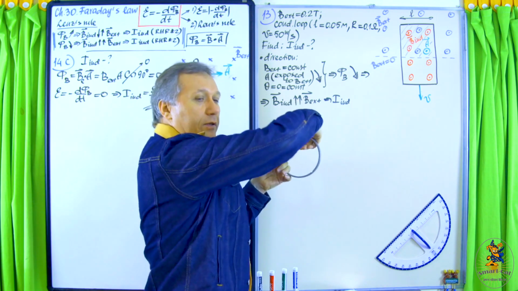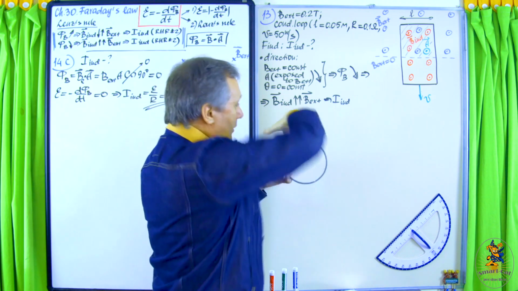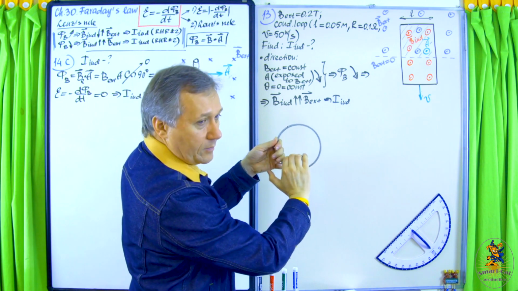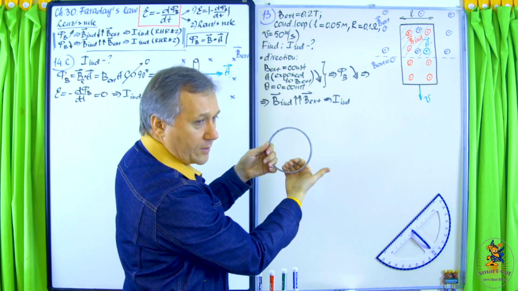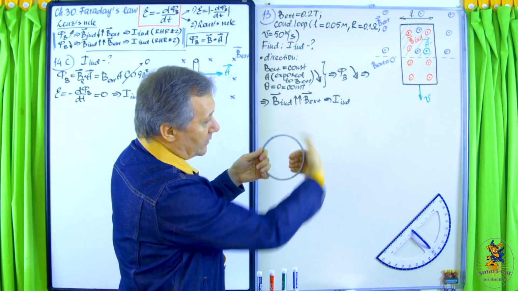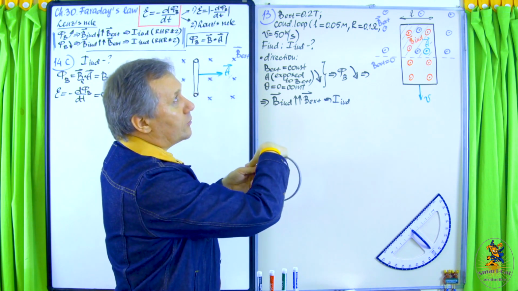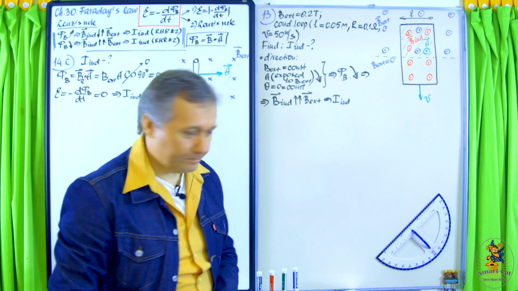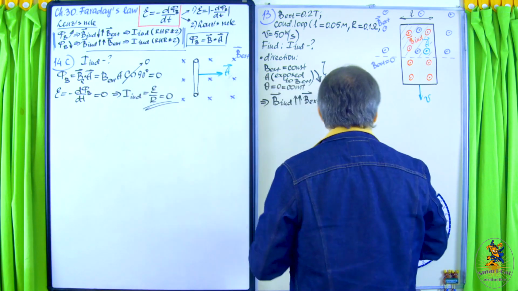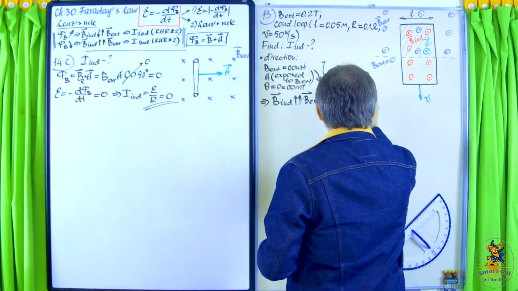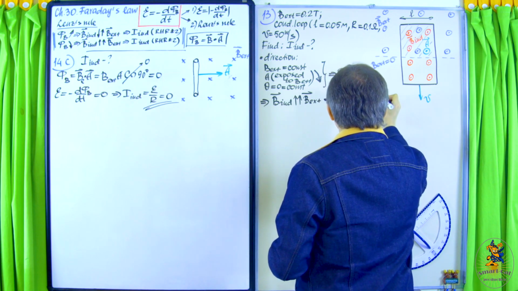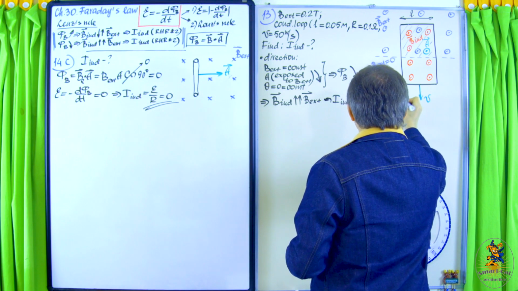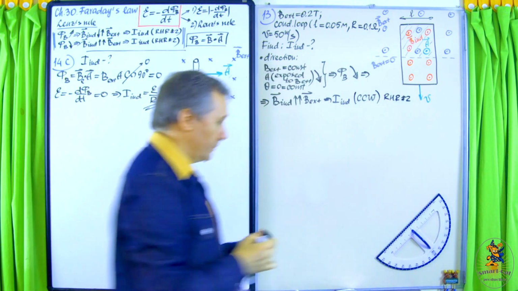Or if you position it here, it's still the same, right? Because if I position this way, no, it's wrong. This is correct. So my thumb gives me the correct direction, which is counterclockwise. So that's CCW, right? Again, it is done using right-hand rule number 2.